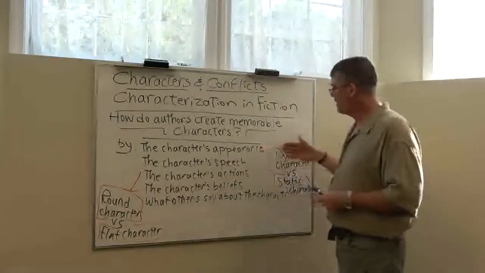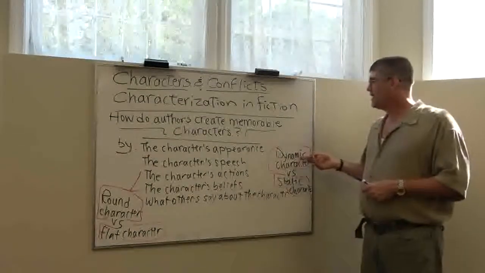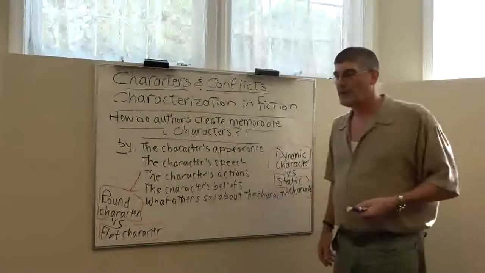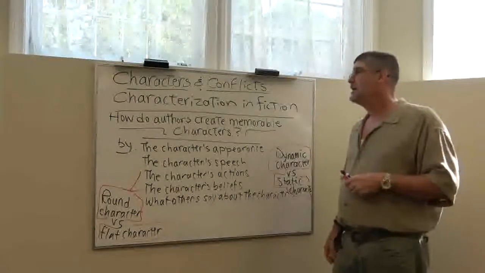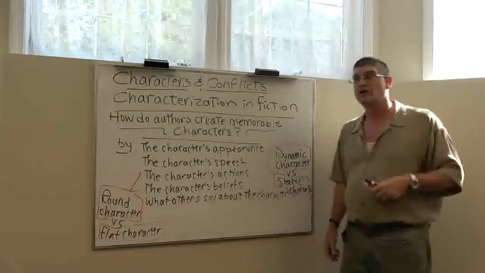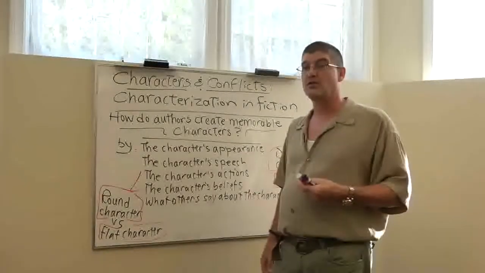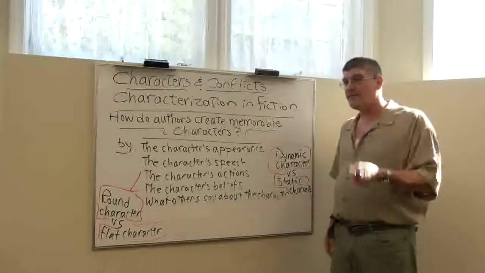Now, if you look over here, a couple other terms we need to talk about quickly: the dynamic character versus the static character. So again, what is a dynamic character? In our first installment yesterday, we talked about how characters change through the course of their experience with the conflict of a story. This is why the conflict is so important to identify and describe, because it affects the characters.